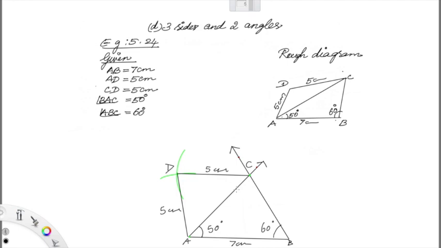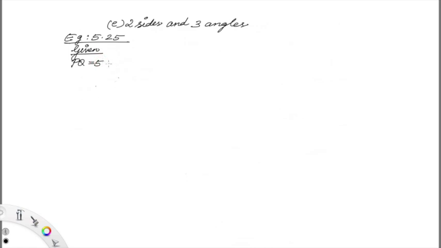Yes, that's it, children. Next type, when two sides and three angles are given, how to construct a quadrilateral. Take the example 5.25. Yes, read the sum. What is given? PQ is 5 centimeter. QR is also 5 centimeter. And next, angle QPR is 50°.